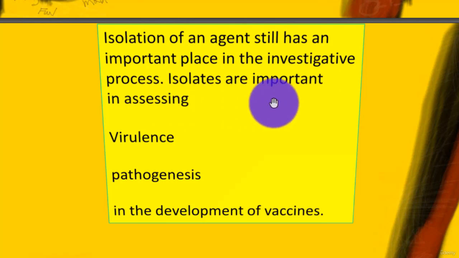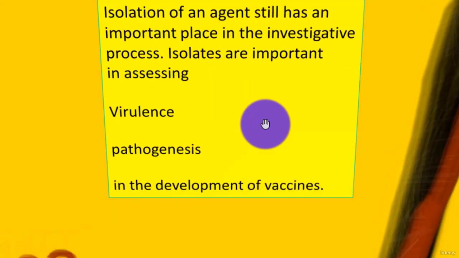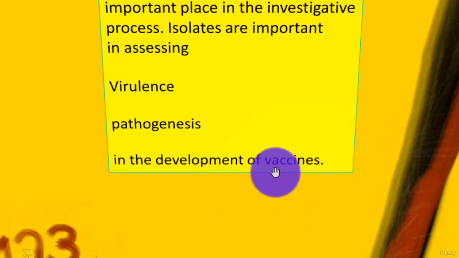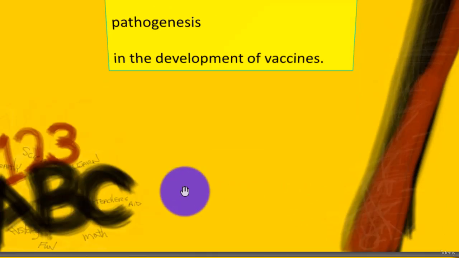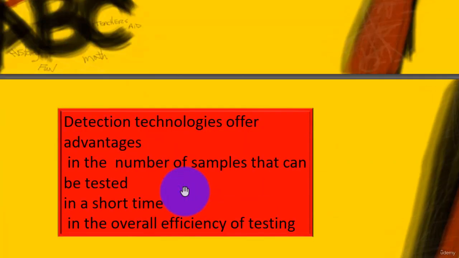Isolates are important in assessing the virulence and pathogenesis of the causative agent, and in development of vaccines. We still need the classical method of isolation.